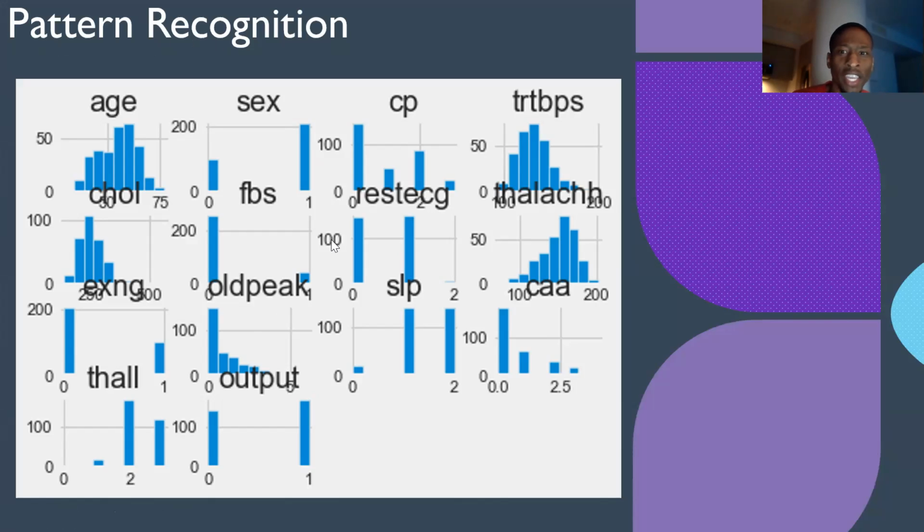You can see age, TRTBPS, THALACH, and others have high density distributions, which would lend themselves to being strong predictors for AHD.